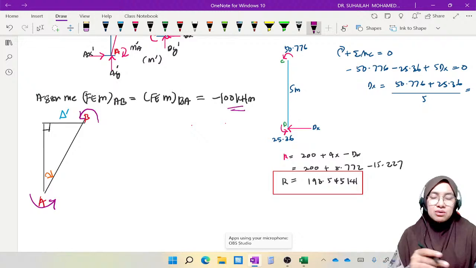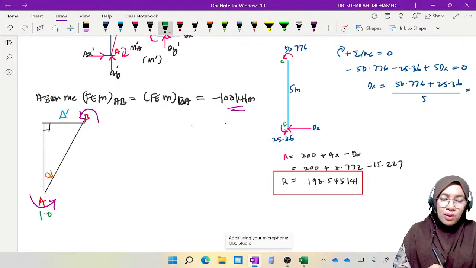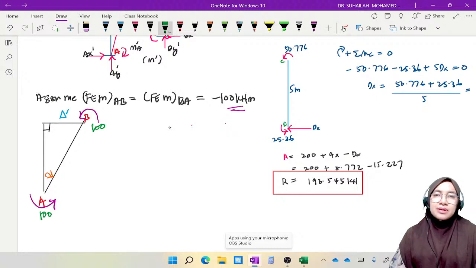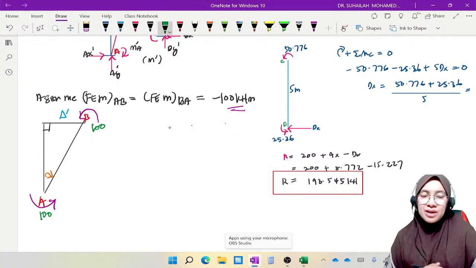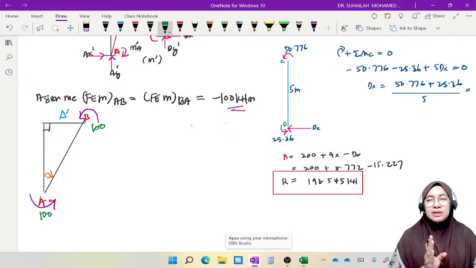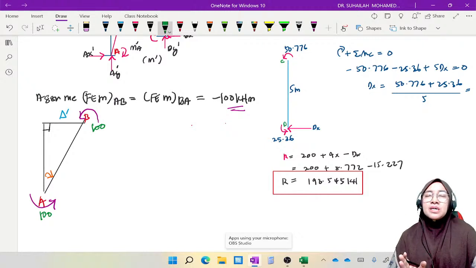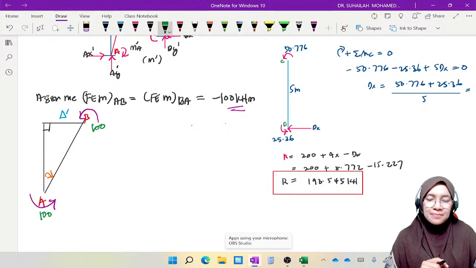Because of the behavior, this is a fixed end moment. It acts to push the bent column, not the deflected column, back to its original position. So that is why the moment acts like this.